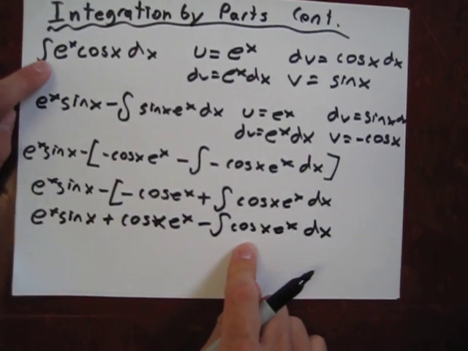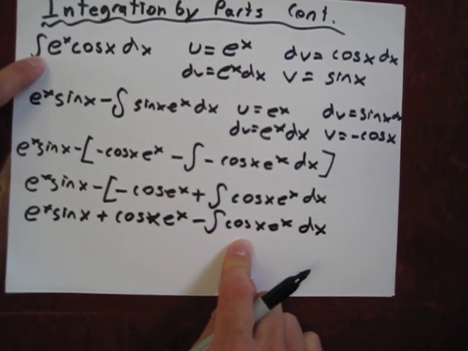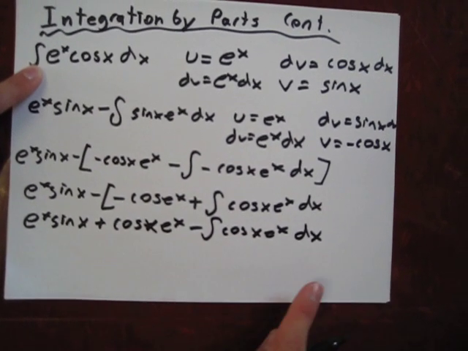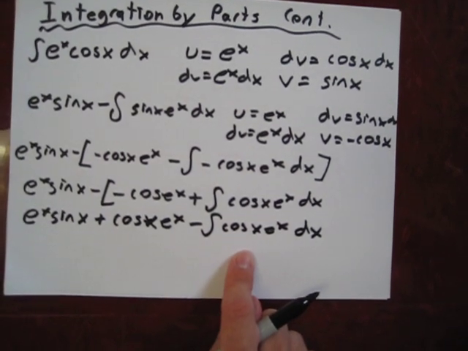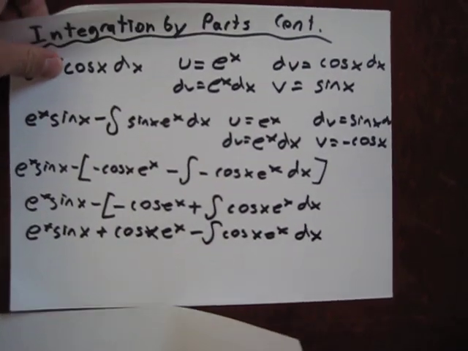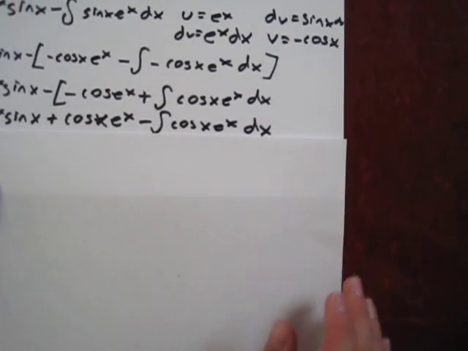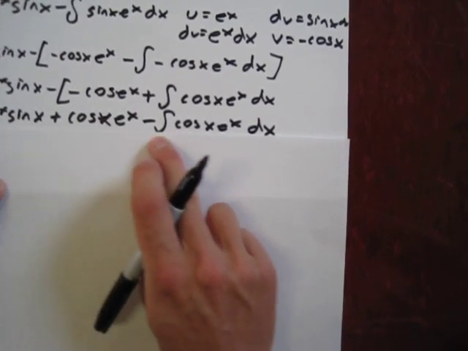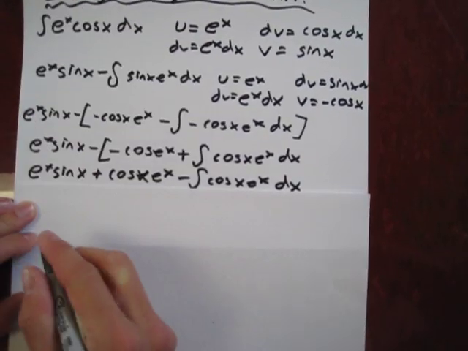Now if you look at these two integrals, they're the same. I could keep doing integration by parts and just go in an endless circle. But what I'm going to do to end this circle is set this whole equation equal to our original integral.